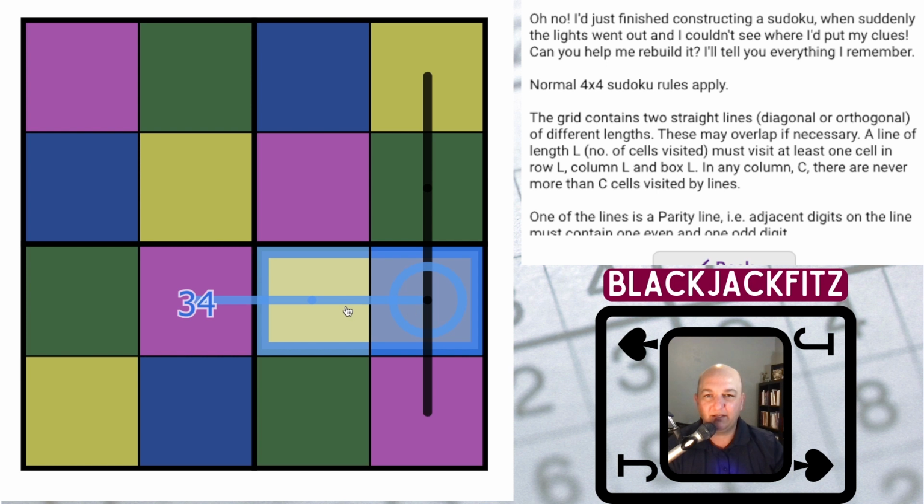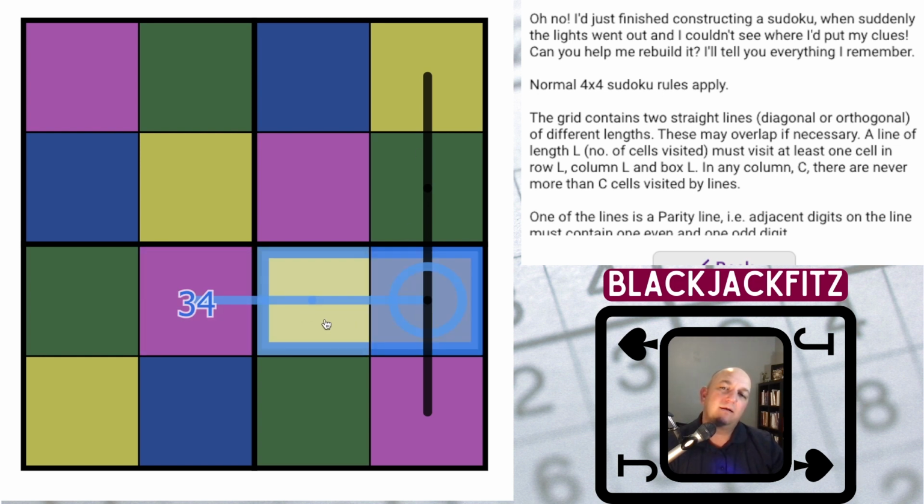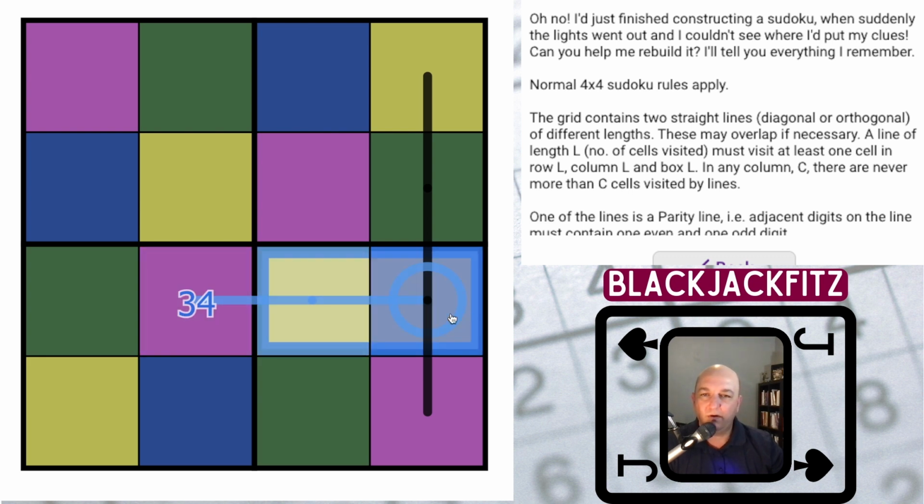So then this would have to be 2, 1, 3, and 4. 1, 3, 4. But then, oh, so I think if you go, this isn't unique.